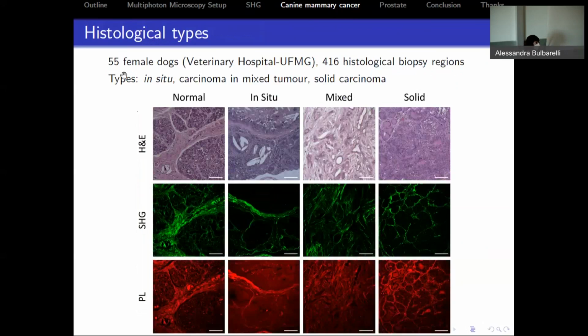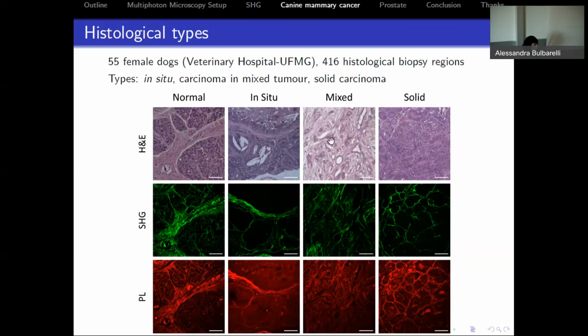We started with 55 female dogs with 416 histological biopsy regions. In this work, I'm going to show just three types of histological cancer: in situ, carcinoma in mixed tumor, and solid carcinoma.